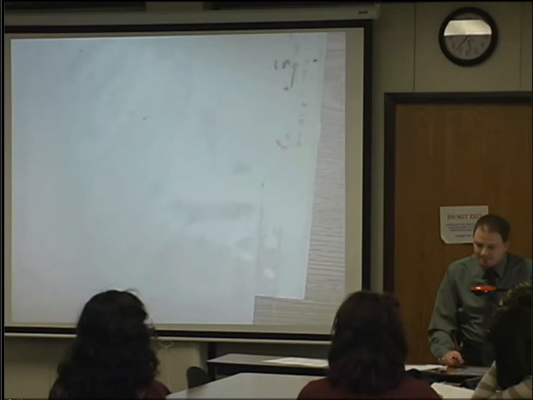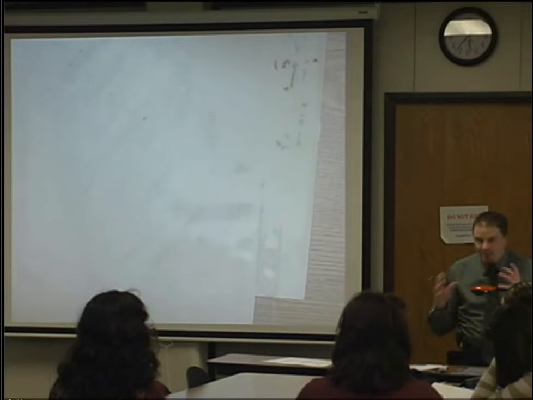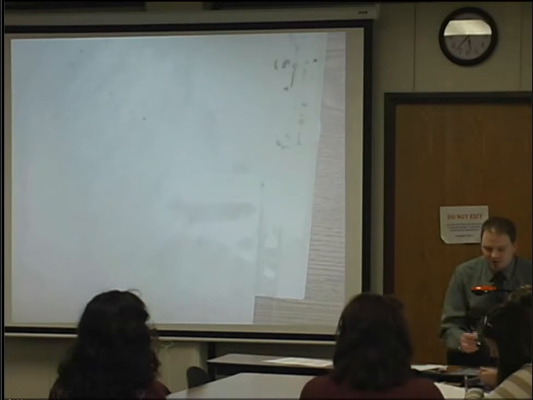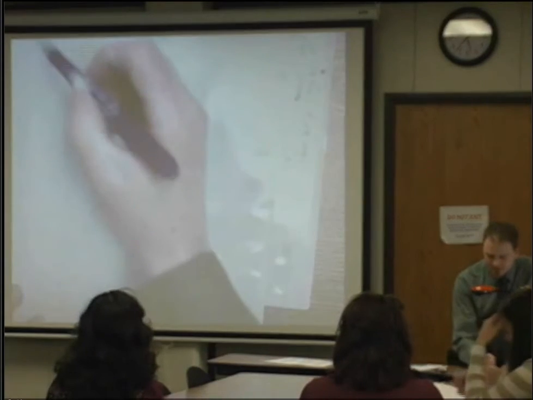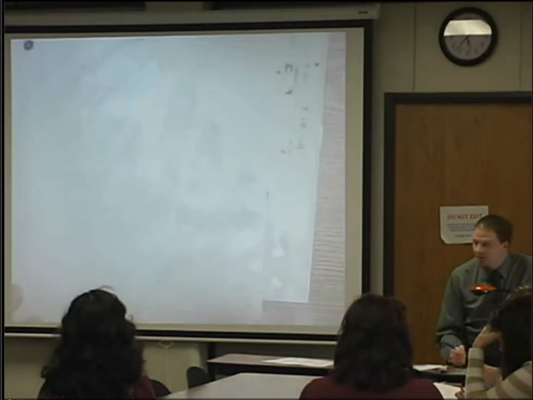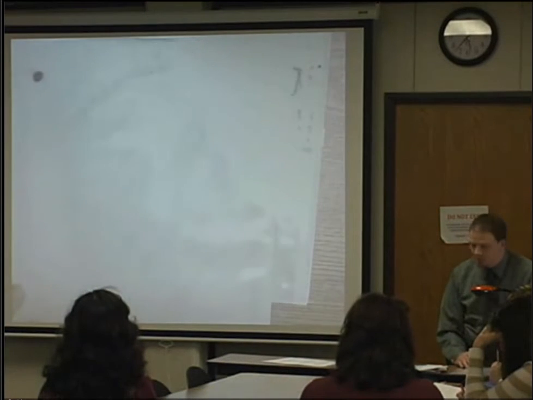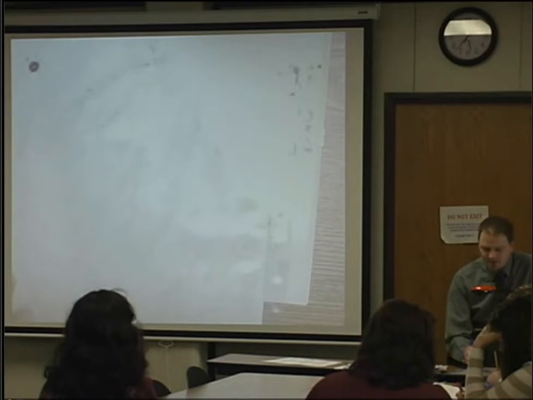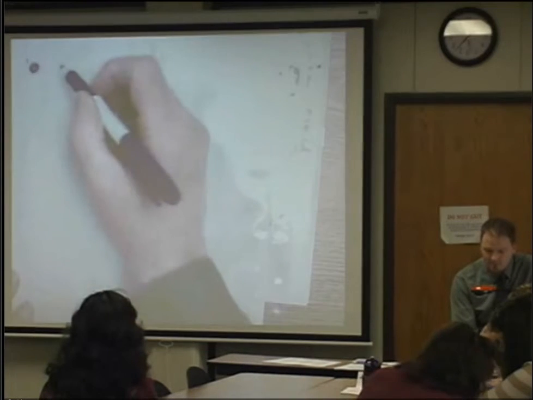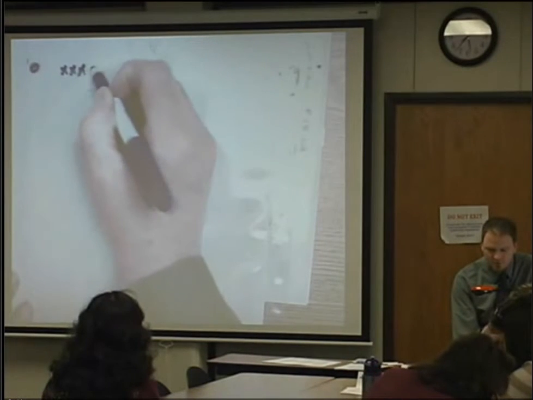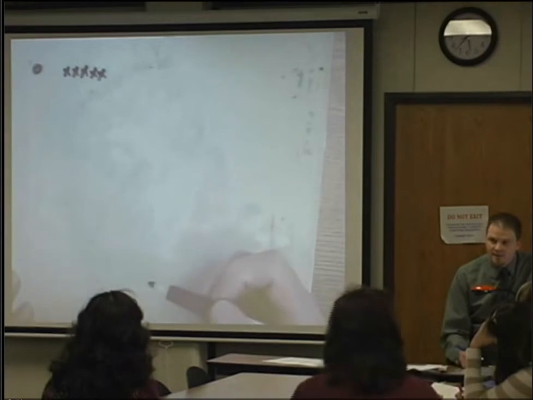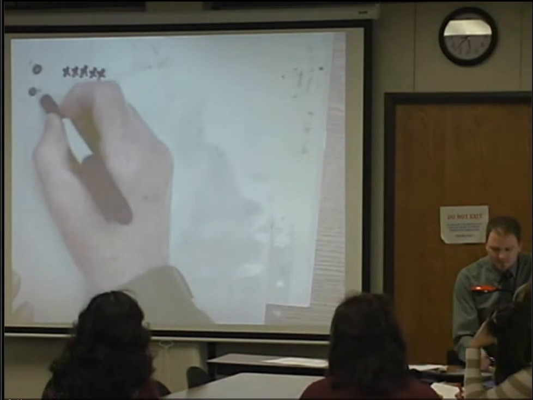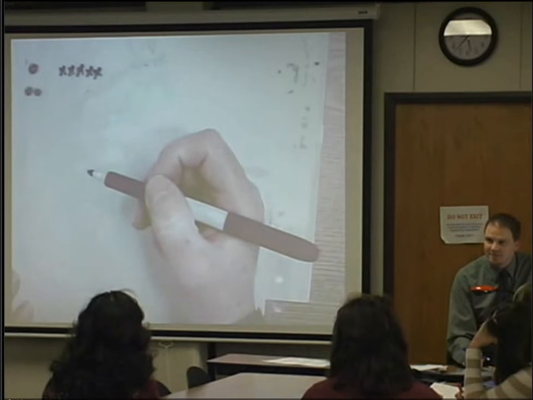I'm just going to start with drawing a picture of what this looks like. If I've got 1 adult, how many children am I going to have? 5: 1, 2, 3, 4, 5. If I have 2 adults, how many children am I going to have?